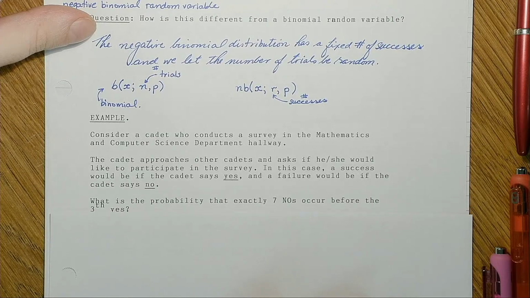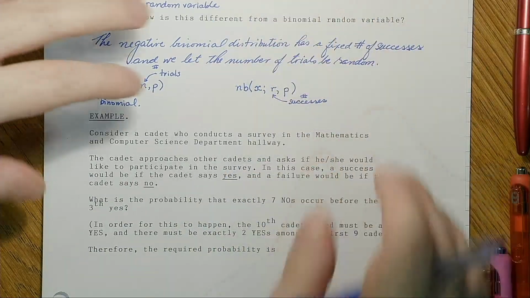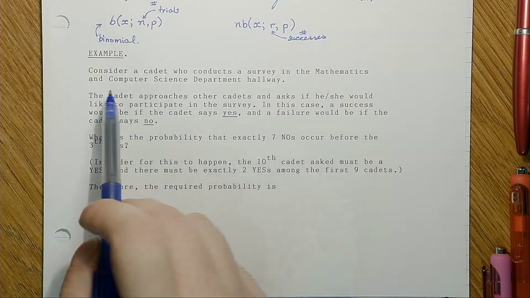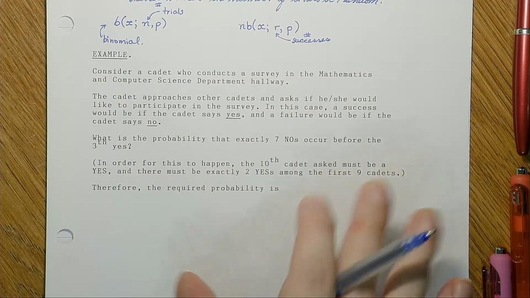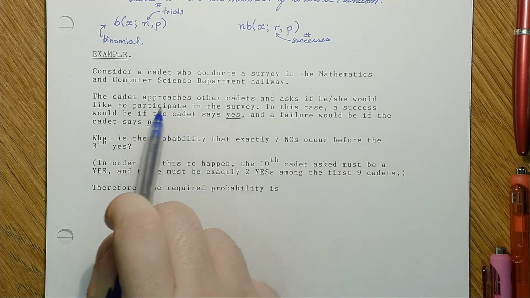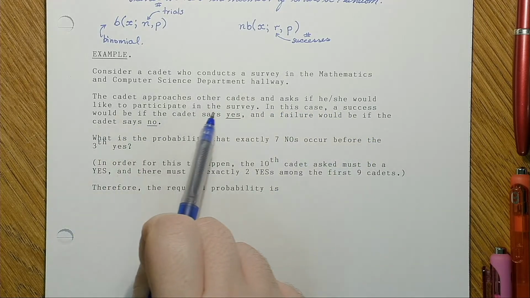So here's the example. Consider a cadet who conducts a survey in the Mathematics and Computer Science Department hallway. The cadet approaches other cadets and asks if he or she would like to participate in the survey.